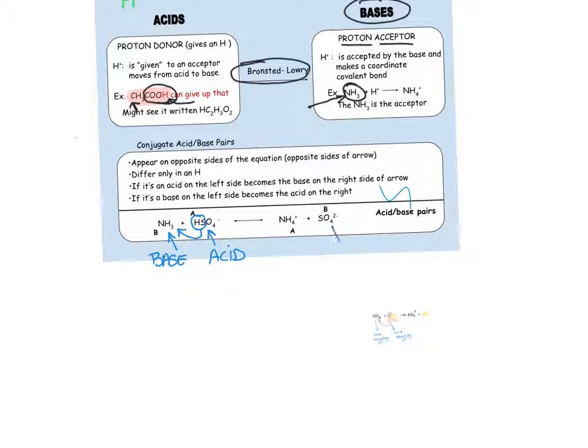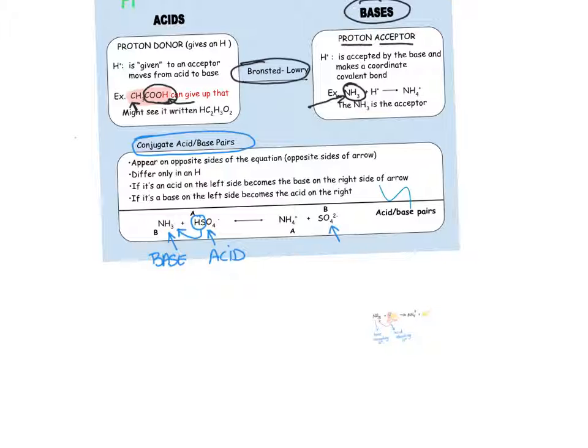You can see that over here because it lost its H, and this NH4 gained it. So now the base, which is ammonia, and the acid, which was the HSO4, became NH4 plus and SO4 minus 2.